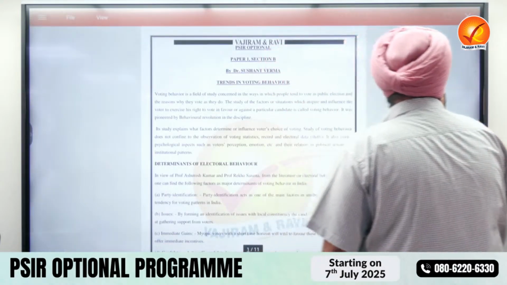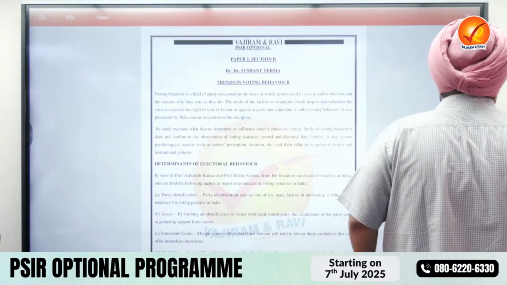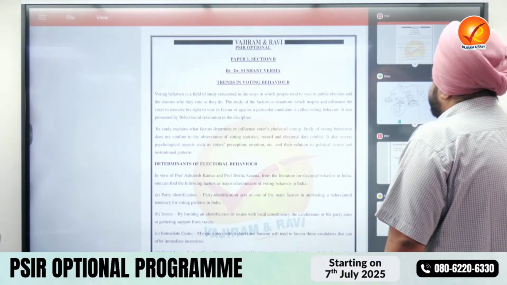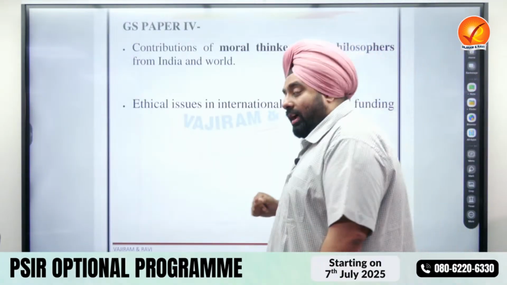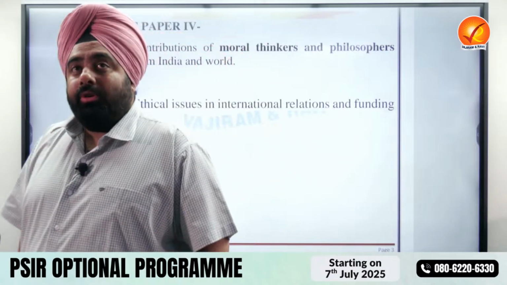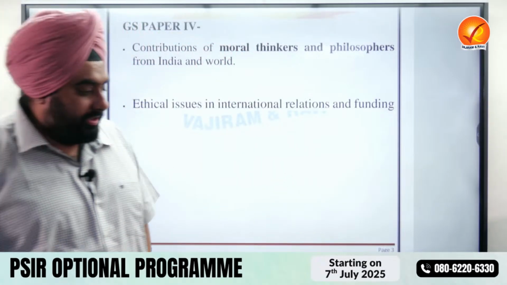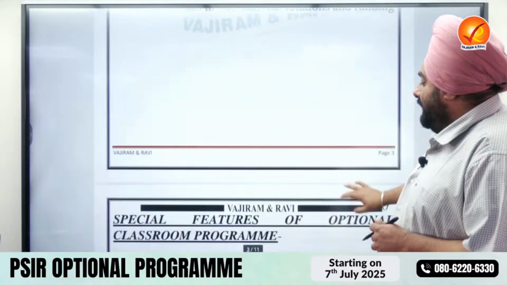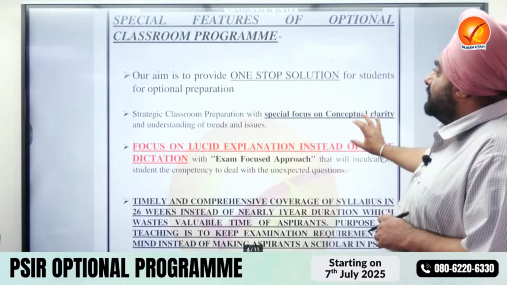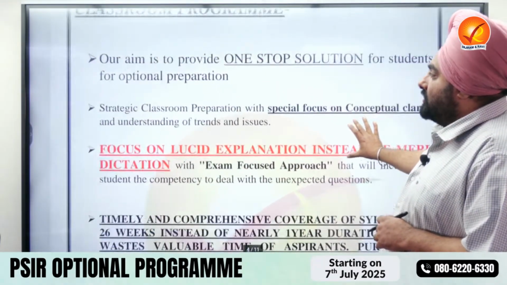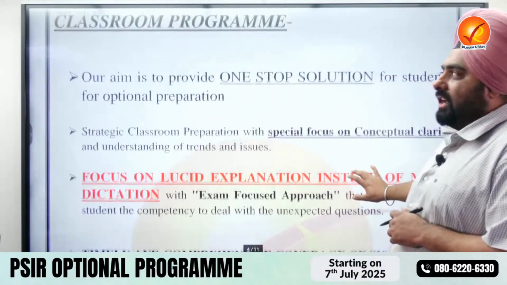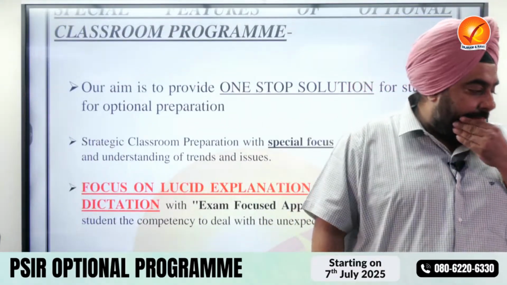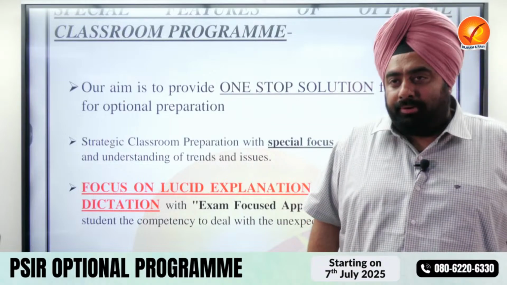Before I discuss that, I would also like to discuss certain important features of our classroom program, which we're going to have with you here in the institute. The special features of the classroom program as far as PSIR optional paper is concerned, that also briefly I'll tell you, and then we can have a brief discussion about PSIR paper 2 as well.